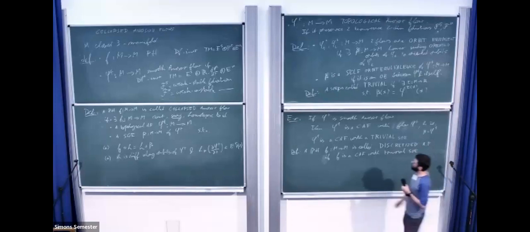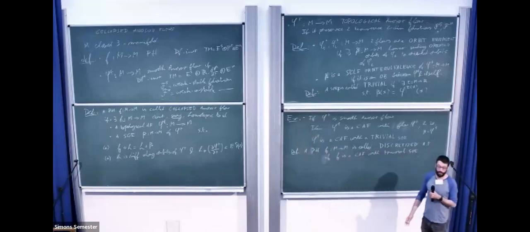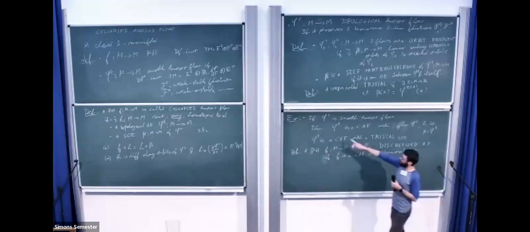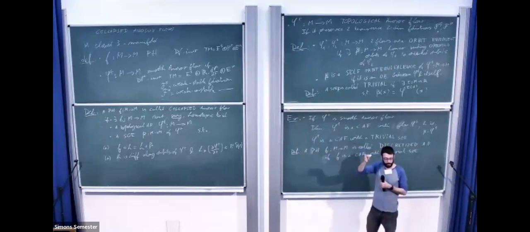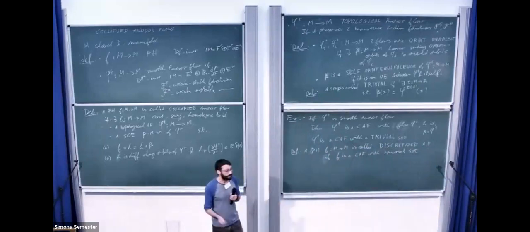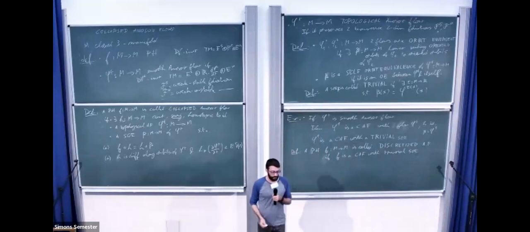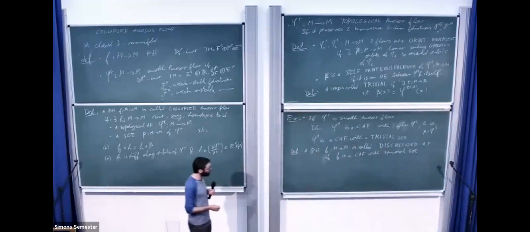Okay, so that was the first example, not particularly interesting. You can do slightly more interesting examples by starting with the phi1 and then deforming it. You do some little change of time-one map of an Anosov flow and you still stay in this class of discretized Anosov flows, the collapse Anosov flows with a trivial SOE.